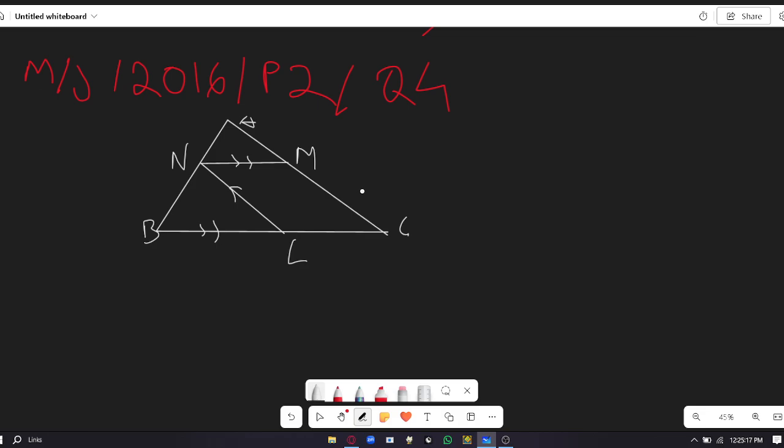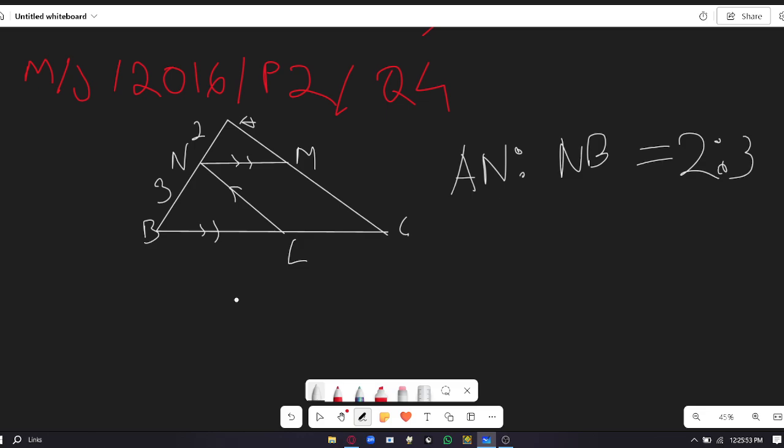So the main idea is, it's given that AN to NB has to be 2 by 3 in ratio. So if that's the case, we know this. So AN is 2, this is 3 in ratio. Not the actual one, it's the ratio.